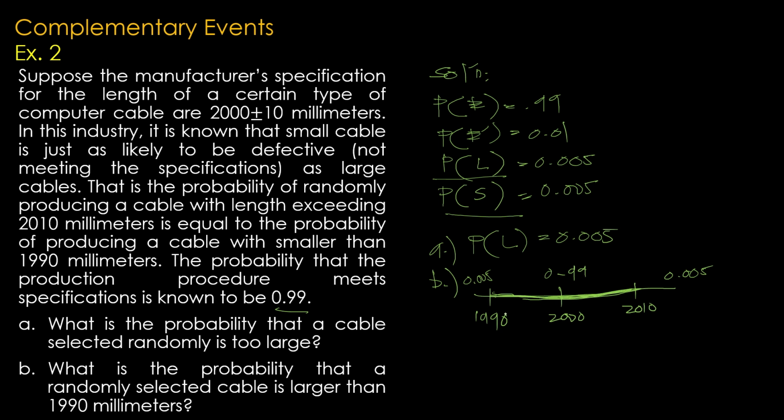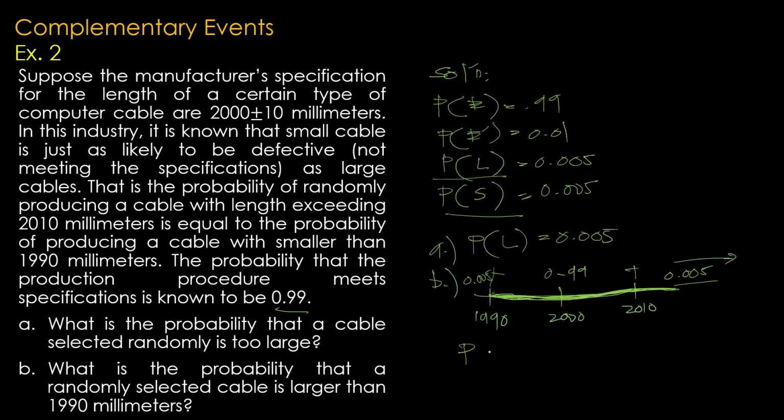So, the question for letter B is, we are asked to find the probability that a randomly selected cable is larger than 1990 millimeters. So, we need to find the probability of our cable from 1990 onwards. From here to here, that is 0.99, and from here onwards, that is 0.05.